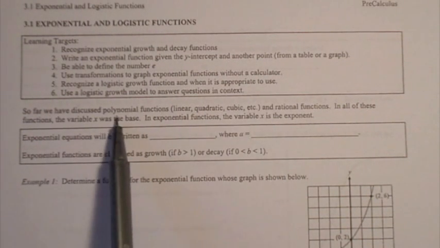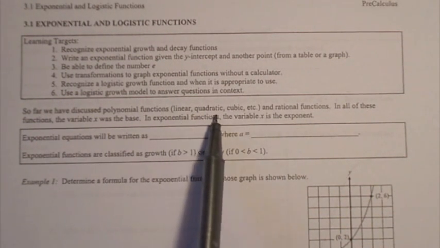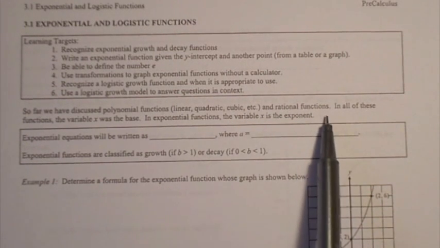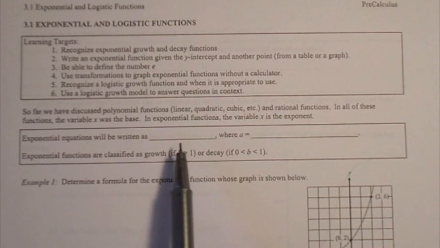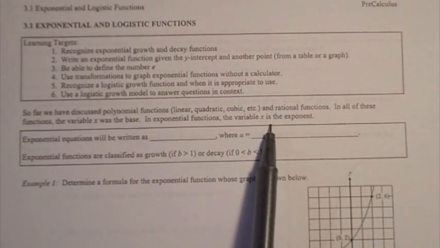So far, we have discussed the polynomial functions, linear, quadratic, cubic, etc., and rational functions. In all of these, the variable x was the base. In exponential functions, the variable x is the exponent.